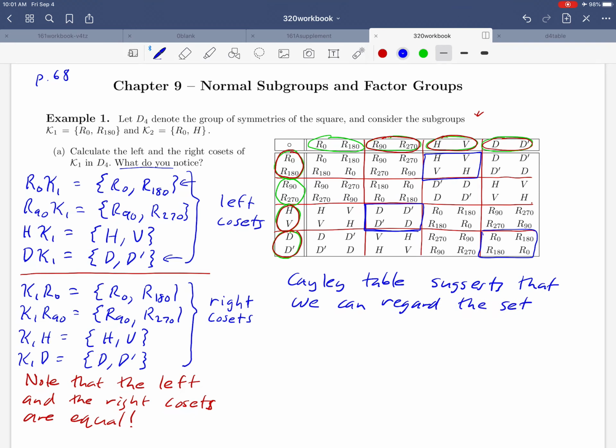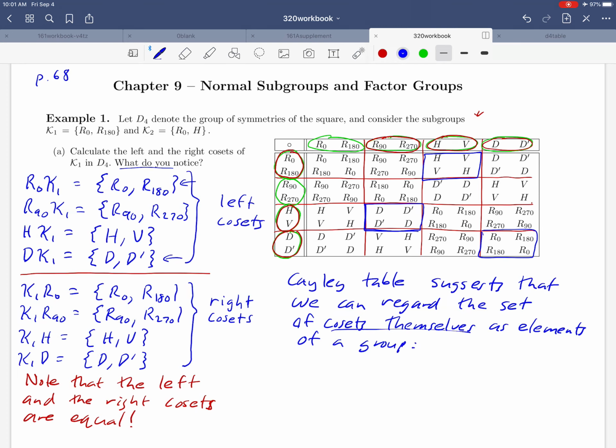So it suggests that we can regard the set of cosets themselves as elements of a group.